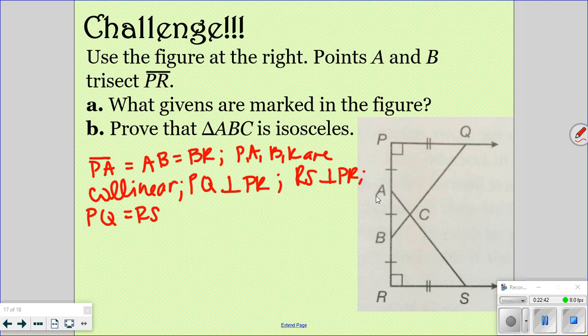So we can prove that this triangle is congruent to this triangle by the leg-leg theorem.